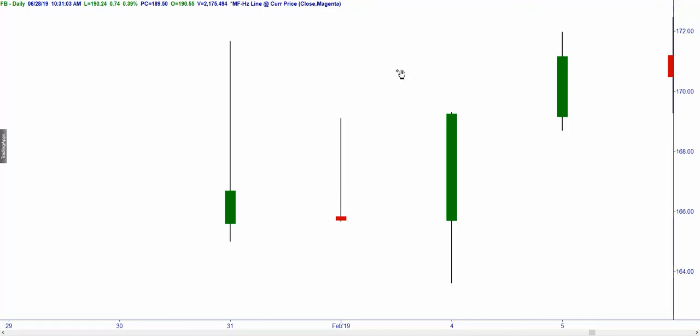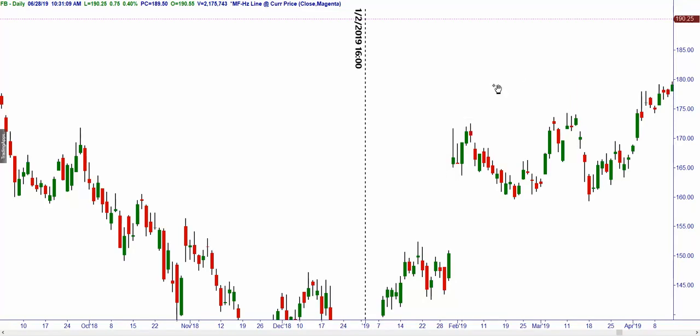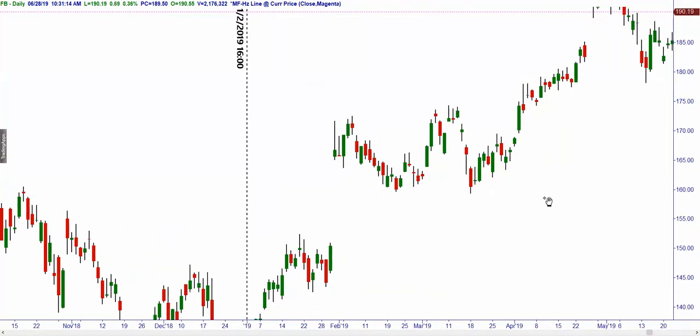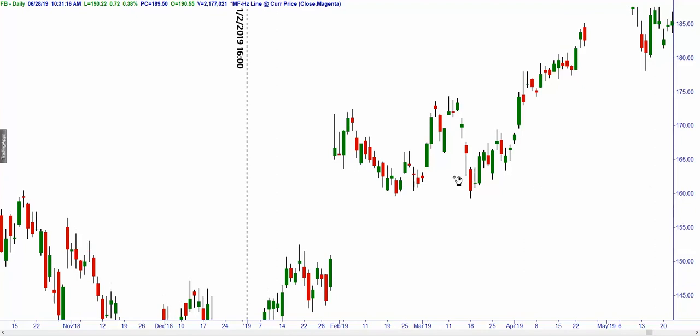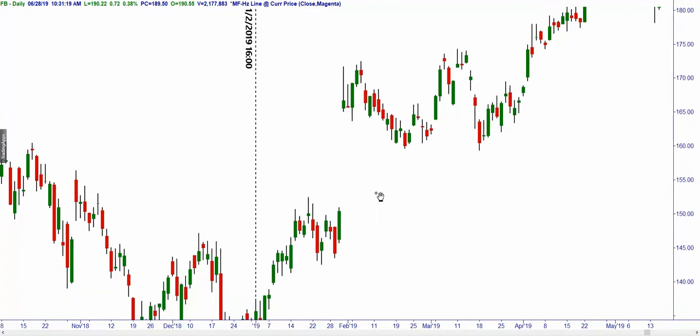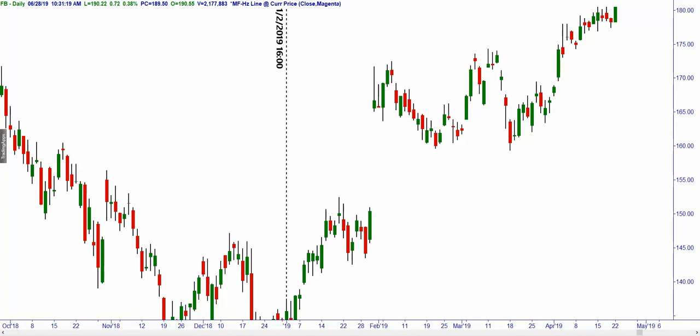Okay, so that's the story of that. If you look at that candle, it's got virtually no body. It's all wick.